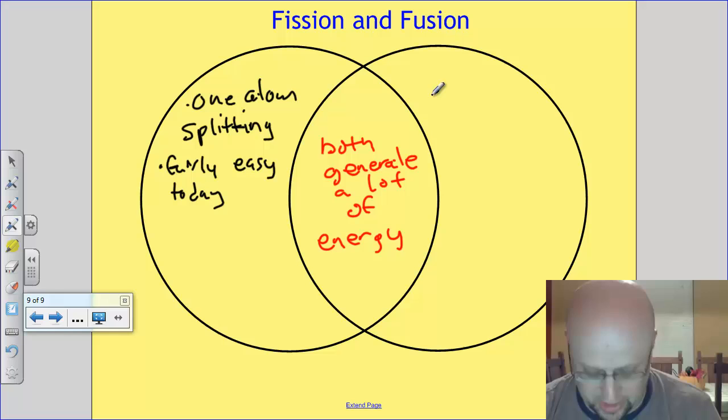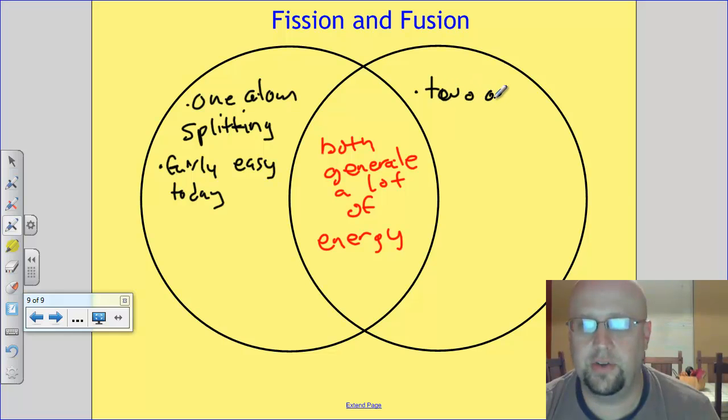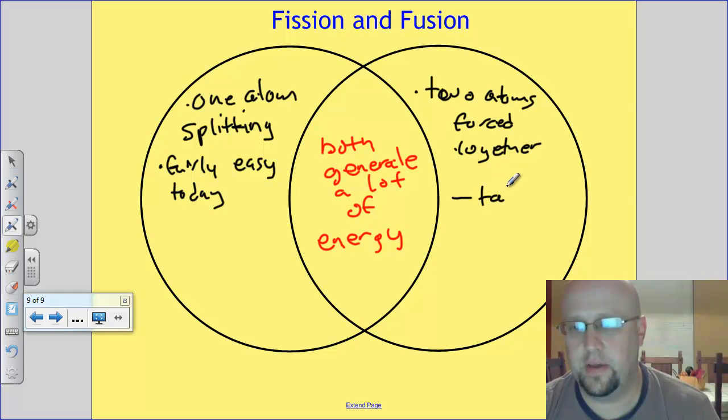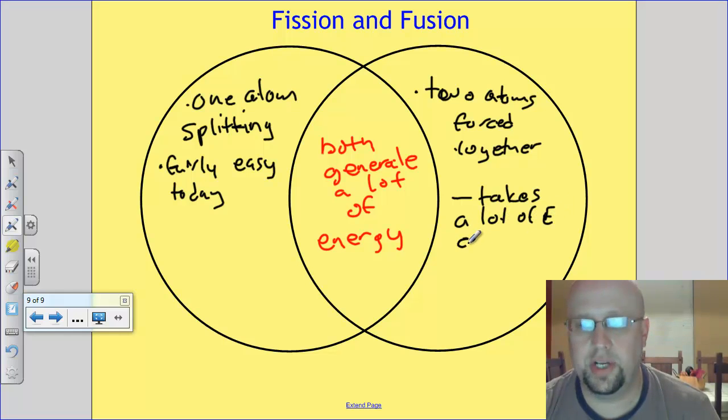On the fusion side, what makes fusion better? Well, first off, let's remember what it is. It's two atoms forced together. But what makes it really hard is that it takes a lot of energy, or temperature, same thing basically in this sense, to get it started.